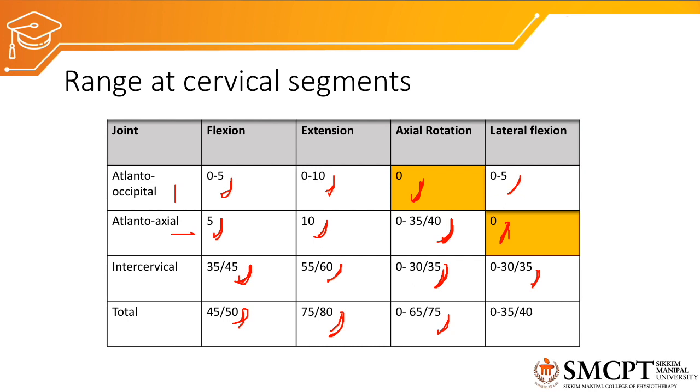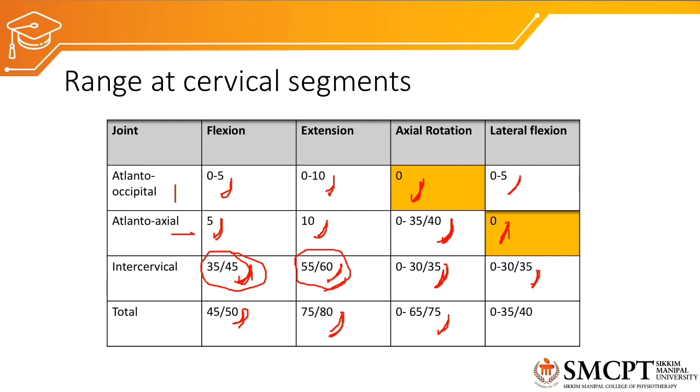So let's summarize it again. The maximum flexion range occurring at the cervical vertebra is at the level of C3 to C7. The maximum extension also occurs at this level, that is C3 to C7, and the joint that is responsible for giving this range is mostly the facet joint or apophyseal joint.